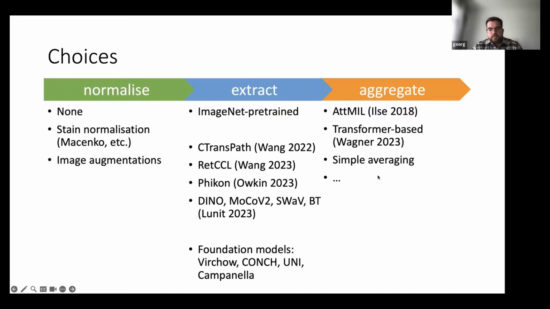And finally, for the aggregation, there are also many options. A popular one is attention MIL, but you could also use transformer-based architectures or just simply average the feature vectors. In my study, we compared all of these different options with the exception of the foundation models, which are not available.